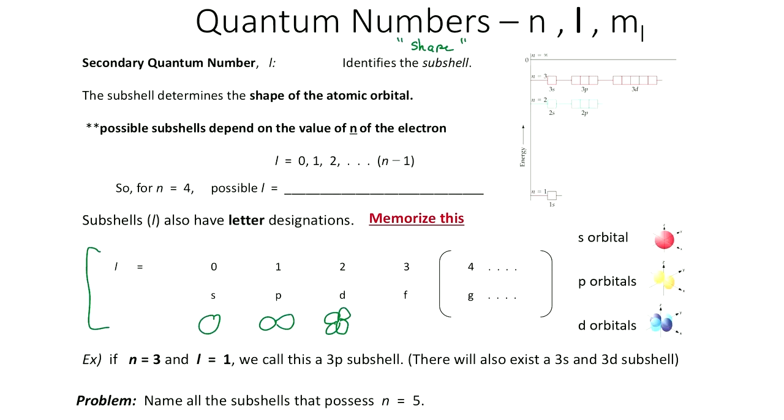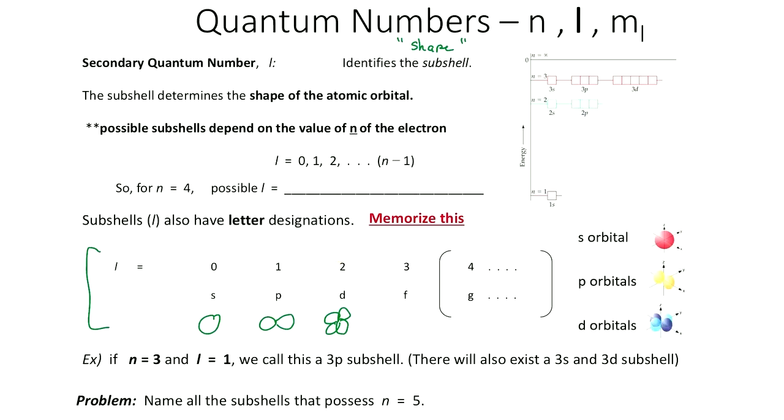That's how you get the butterfly shape, though it's kind of wonky to think about that way. So we see the number of lobes increase: an s orbital is completely spherical, a p orbital has 2 lobes, a d orbital has 4 lobes that come out. So that's what those numbers mean.